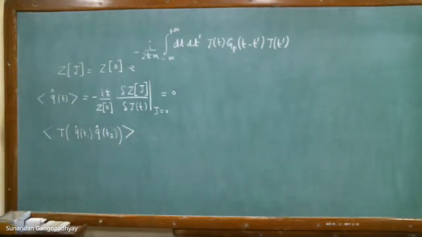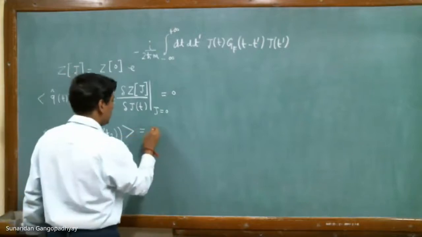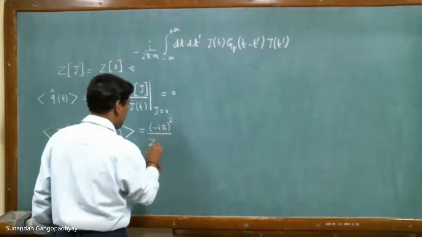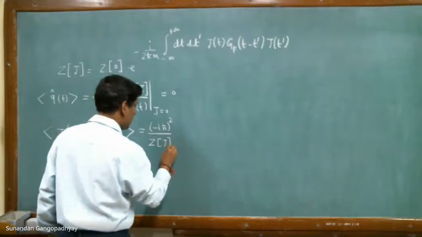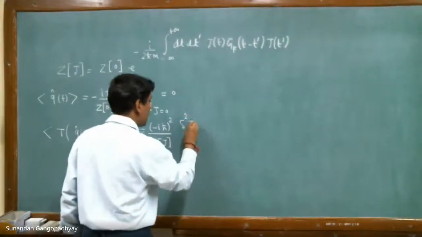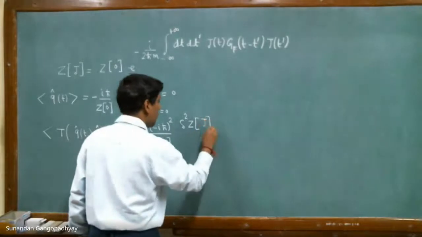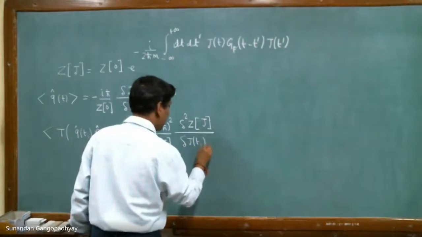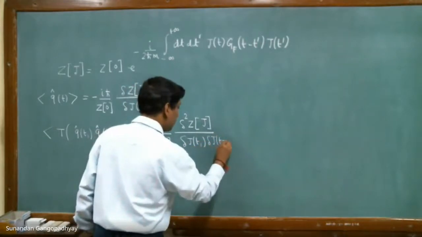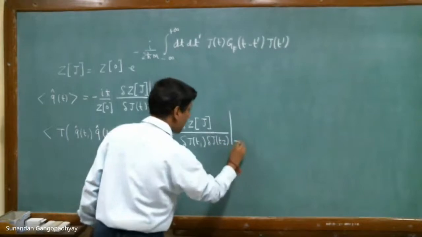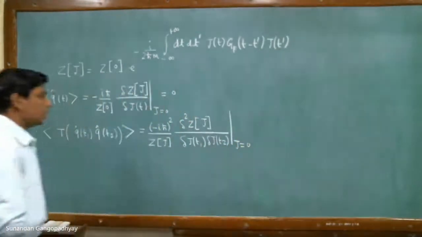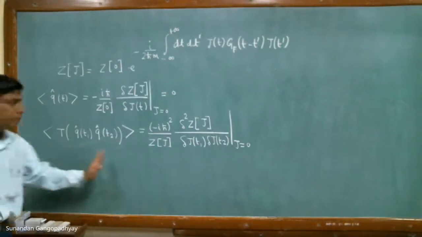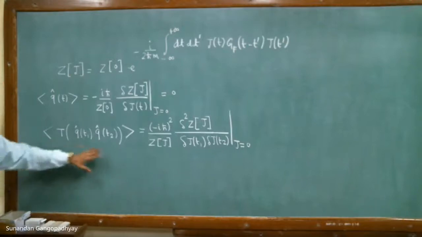We shall calculate this from the expression minus i h bar squared, 1 over Zj, del 2 Zj by del J t1 del J t2, evaluated at J equal to 0. So this is the two-point function by definition, the time-ordered product like this.